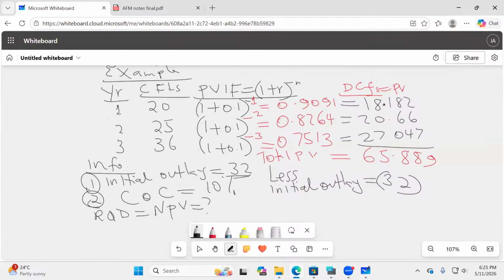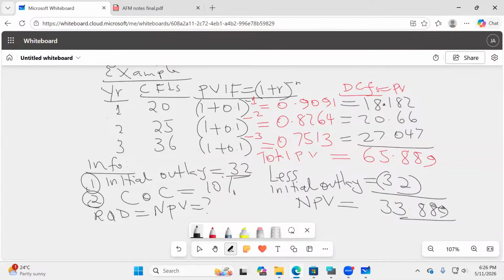At the end of the day, the final answer is supposed to be 33 point something. What name are we going to give to this number? Net present value. It is net of the initial outlay.